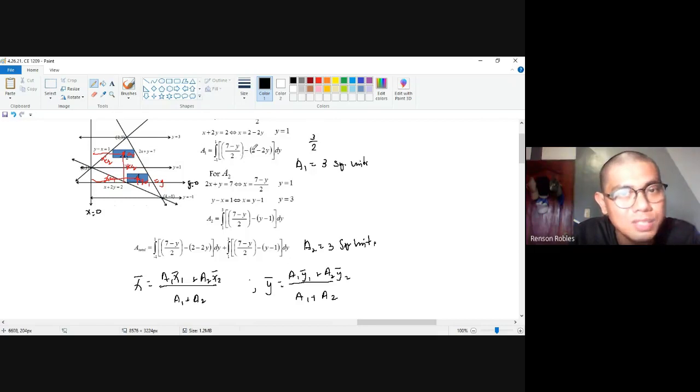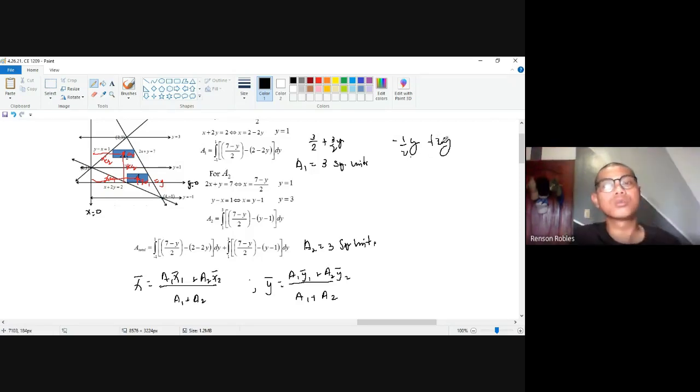It's 2 times negative 2, it's negative 4. 7, 3/2. 1/2 y plus 2y plus 3/2 y. Tama? This is negative 1/2 y. Then minus minus, so magiging plus. Negative 1, plus 2y. 2 times 2, it's 4. Minus 1, it's 3. Okay.